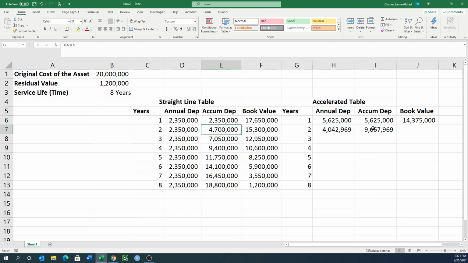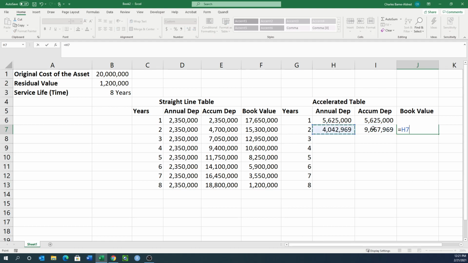Very similar to the formula we used here. And my new book value is going to be equal to, I can still go back to the 20 million, minus my accumulated depreciation. That's what the new book value is equal to.